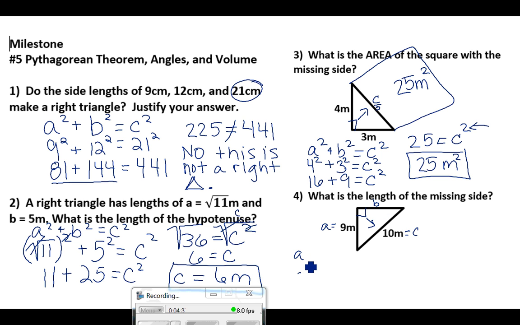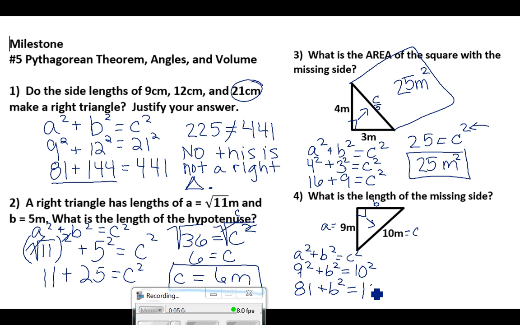So we have a squared plus b squared equals c squared again. 9 squared plus b squared equals 10 squared. 9 squared, 9 times 9 is 81, plus b squared equals 10 times 10, or 10 squared.